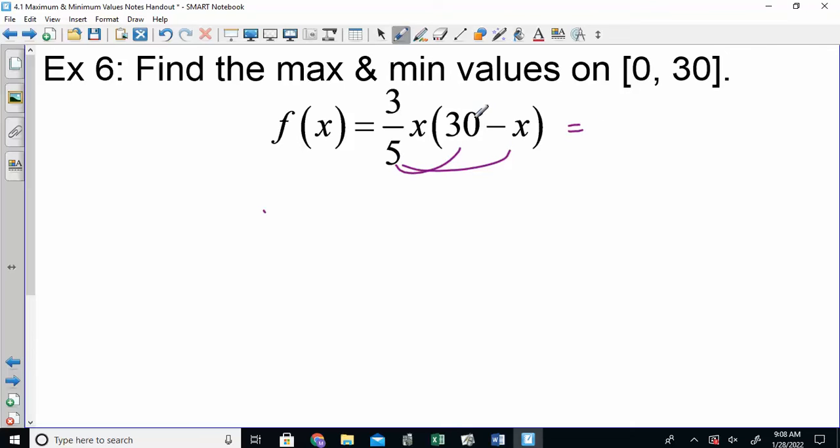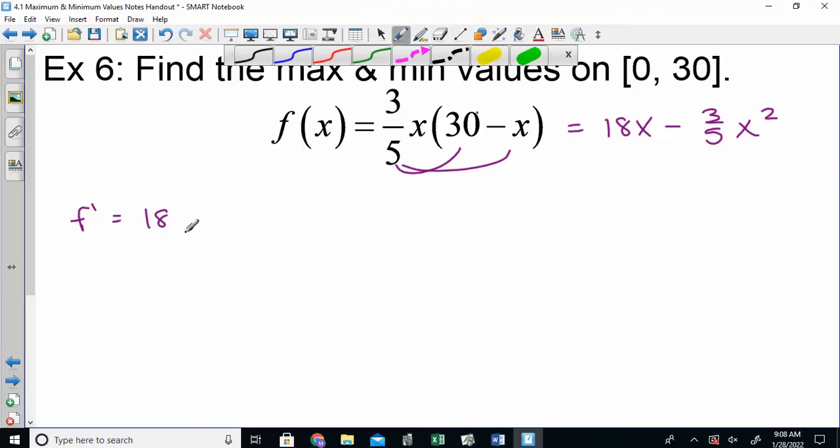So 3/5 times 30. 30 divided by 5 is 6, times 3 is 18x minus 3/5 x squared. So to get our critical points, we do the derivative. Derivative of 18x is 18 minus 2 times 3/5 is 6/5 x. So I'm going to set that equal to 0.